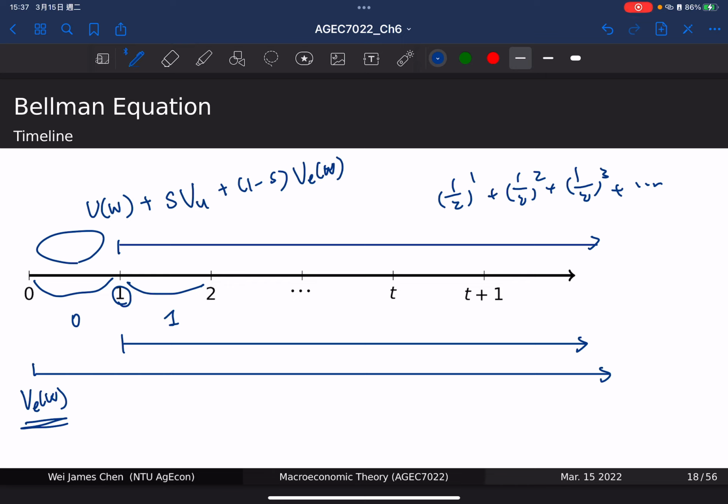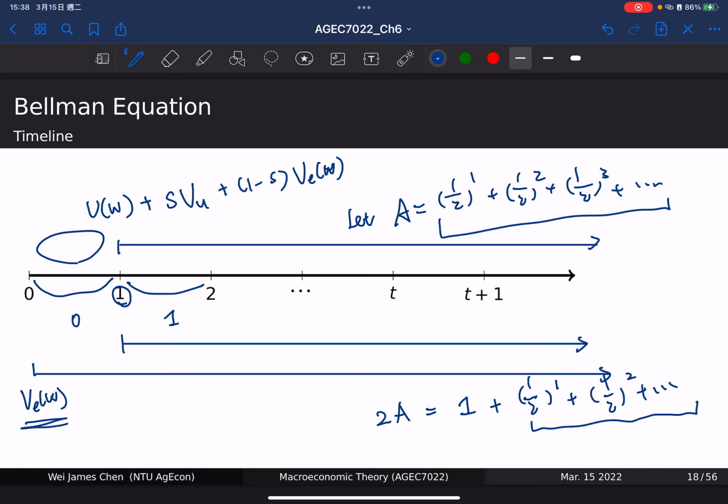Okay. And there's a trick to do this: you let A equal this, and you say 2A is what? 2A is 1 plus this. And you say that this is exactly like this.